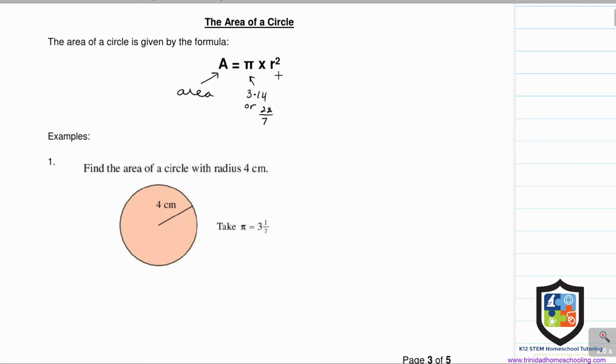And we are multiplying pi by r squared, and this is just the radius squared, right? Or the same as radius multiplied by radius. Okay, so this here is your formula that you need to learn for the area of a circle.